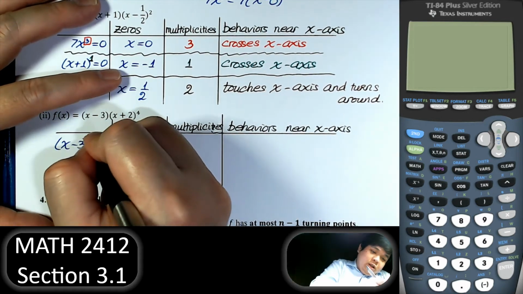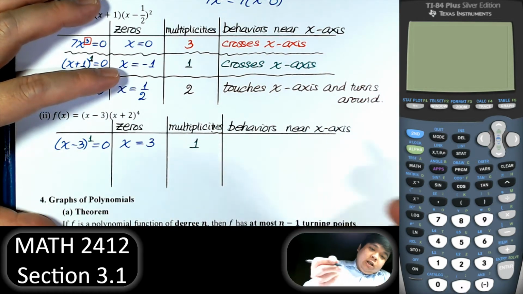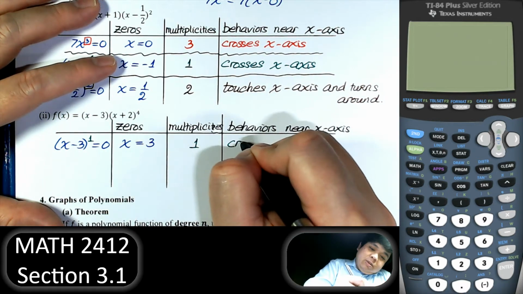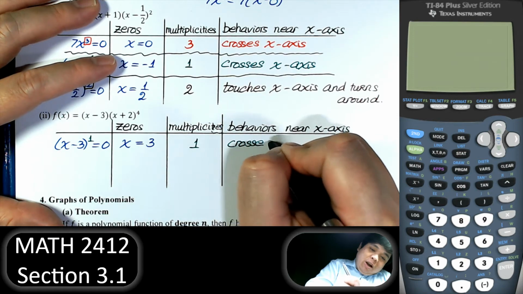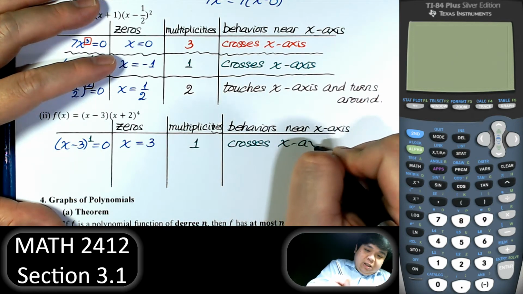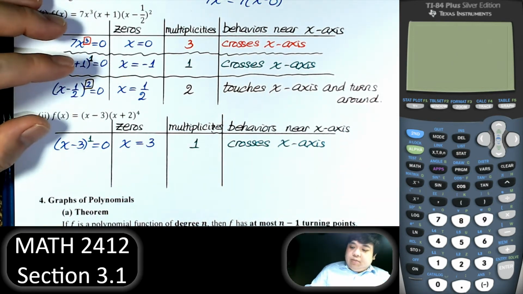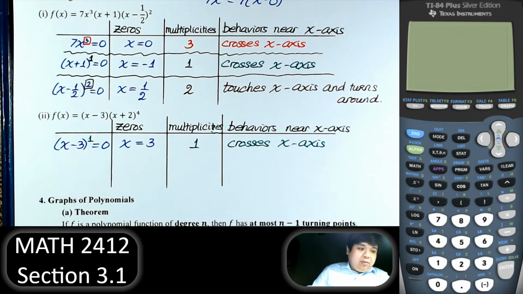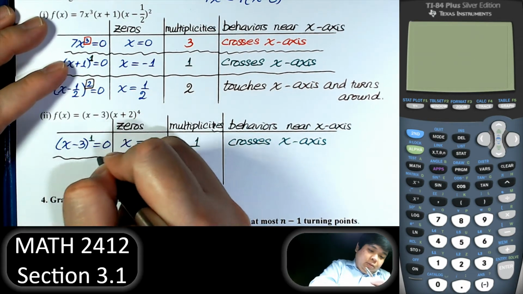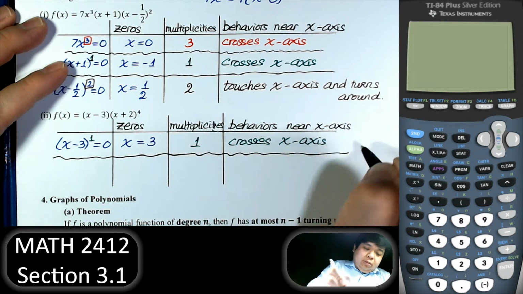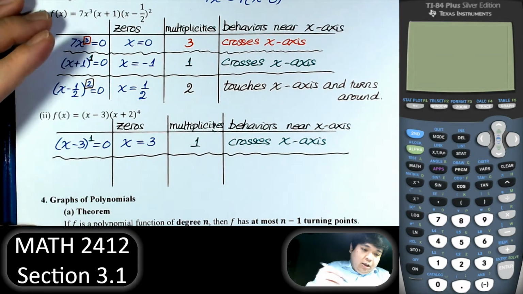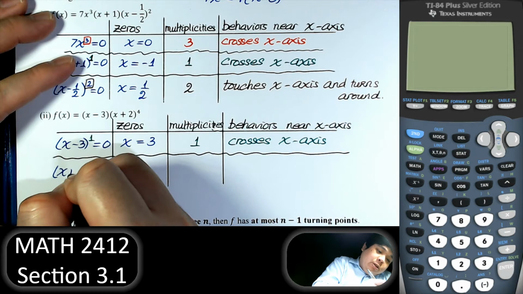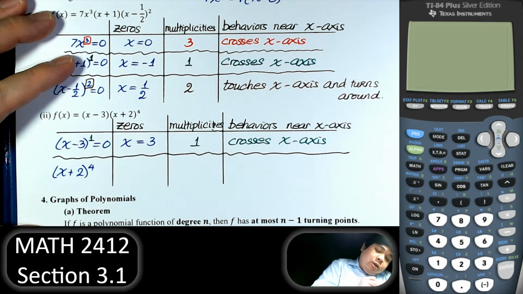By default, this is multiplicity of 1, which means the graph crosses the x-axis if it is odd. And then we have (x plus 2) to the 4th.